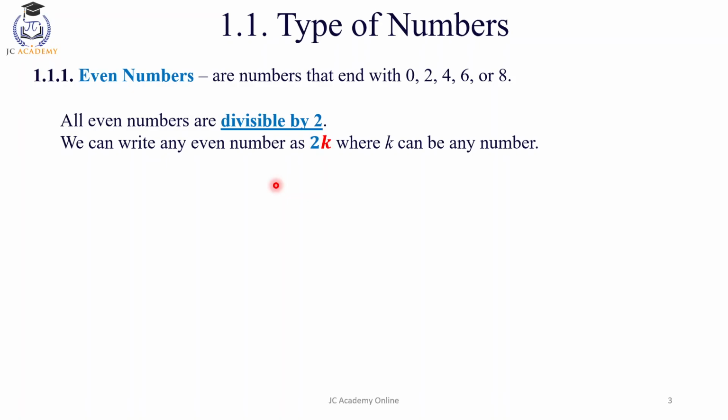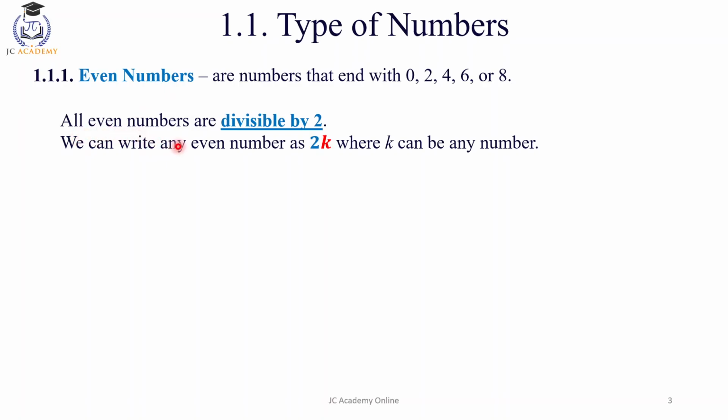There are certain words such as, for example, even numbers. Even numbers are numbers that end with 0, 2, 4, 6, or 8. It will be a little difficult to do a course involving mathematics without knowing the definition of an even number. So what is the definition of an even number?